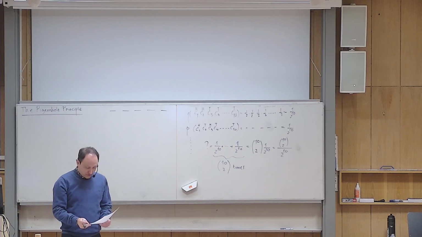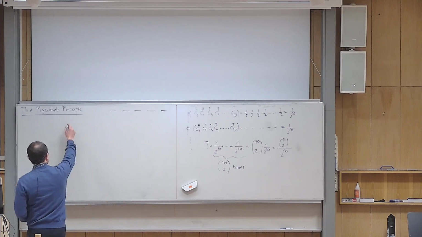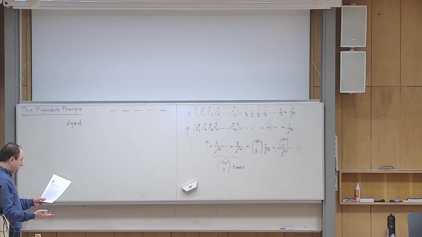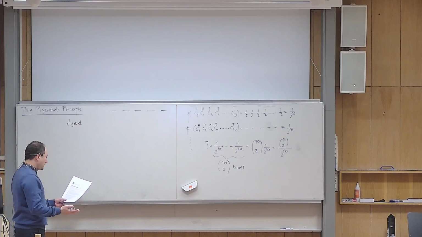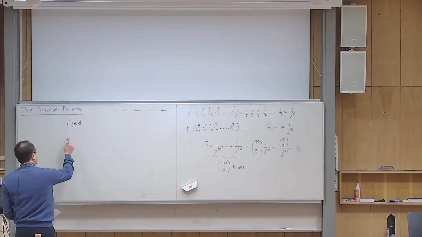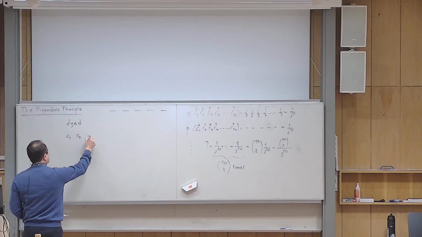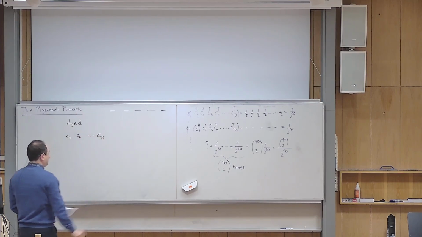Each point of a given straight line is dyed, this is the way that in principle we should write this, by a color that is randomly chosen from a collection of 11 colors. Okay, so we have a collection of 11 colors, color 1, color 2, up to color 11.